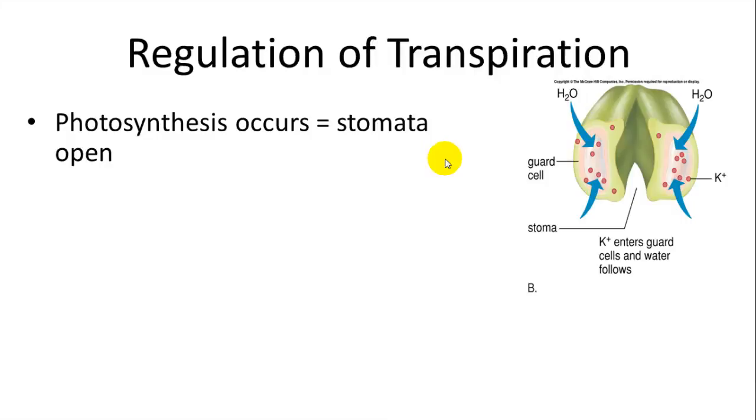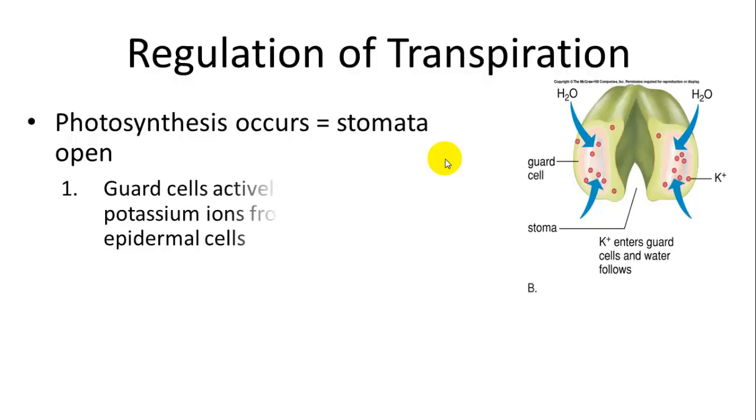So transpiration is also regulated by other processes, including photosynthesis. Stomata have to be open for photosynthesis to occur, at least the capturing of carbon dioxide. So the first step, to open the stomata, guard cells will actively transport potassium ions from adjacent epidermal cells into their cells.